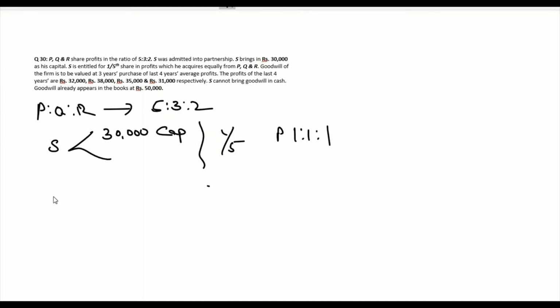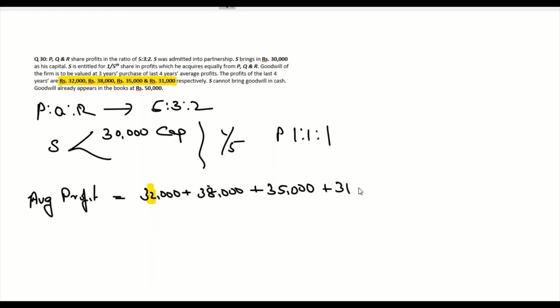Now we need to first find the average profit. So average profit is equal to all the profit for the last 4 years, given as 32,000 plus 38,000 plus 35,000 plus 31,000, divided by 4.